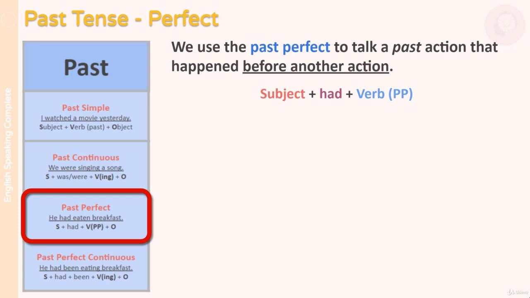Now, one really cool thing about the past perfect is the subject does not change our auxiliary verb, our helping verb, had. So whatever subject we use, whether third person singular or whatever type of subject pronoun, had is always used. So we don't need to think about changing into has or had, were or are, whichever it is. We just always keep had, which actually makes things a bit easier.